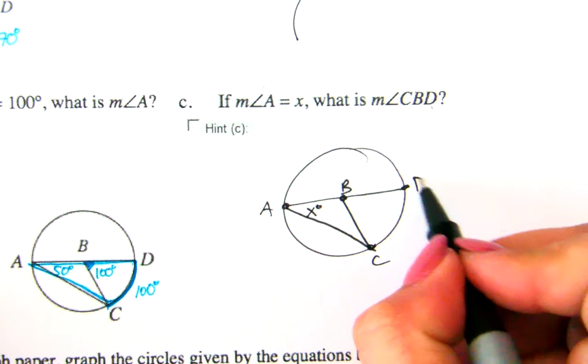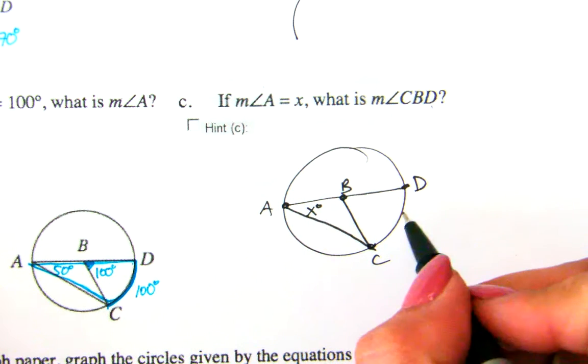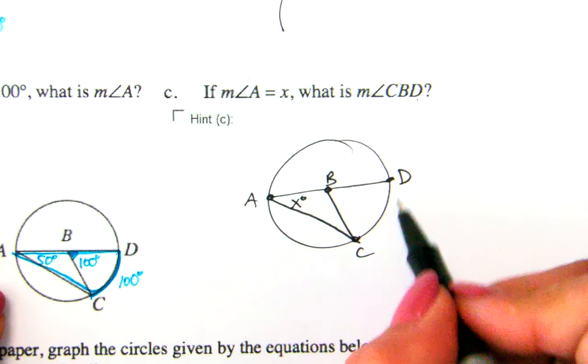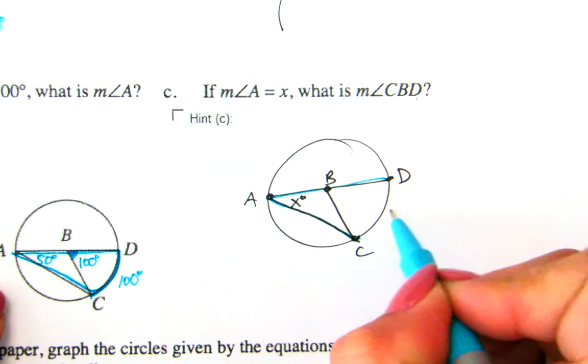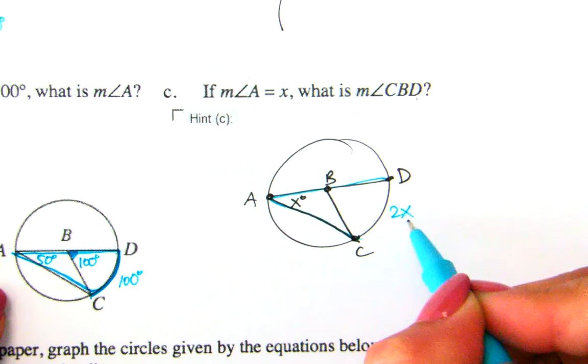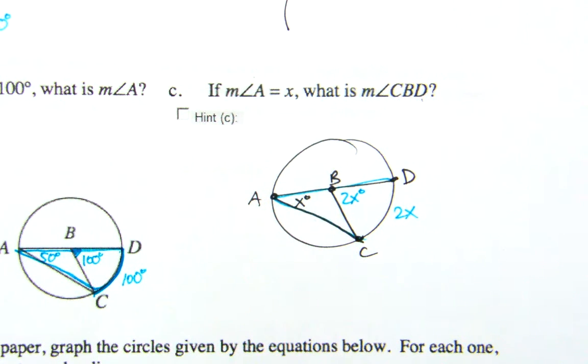I'm assuming this is D. Oh, twice. Okay, so if this is X, so this one out here, it's going to be 2X because it's just double it. So if this is 2X, then this has to be 2X. That was pretty easy. Alright, so that was number 53.